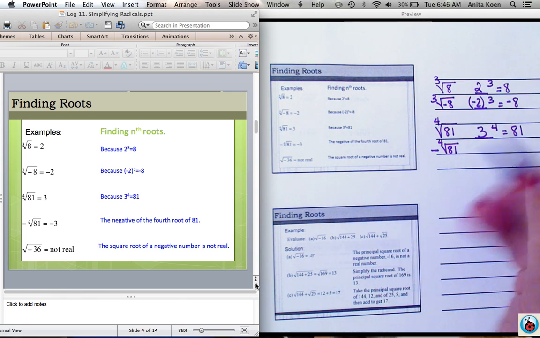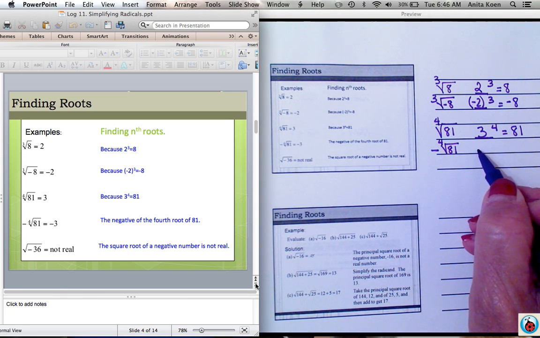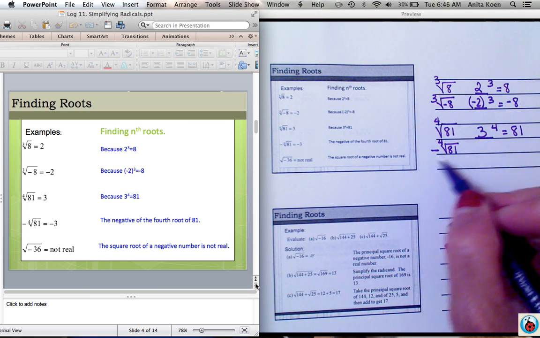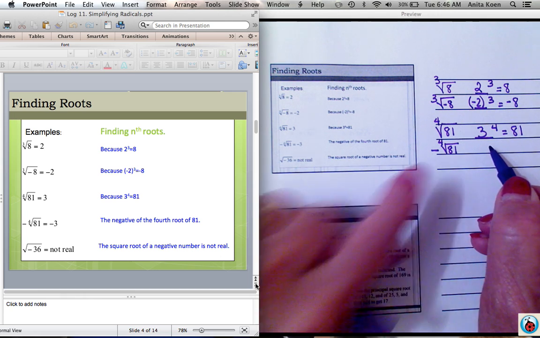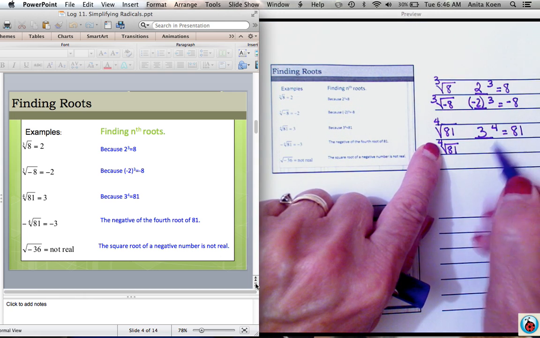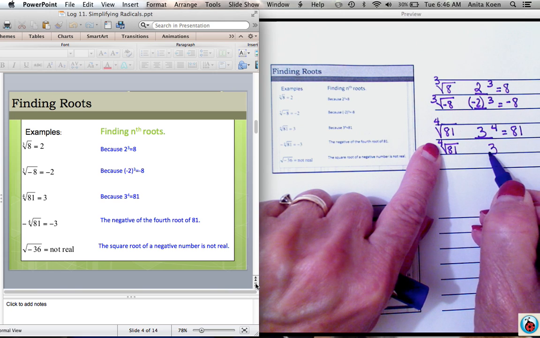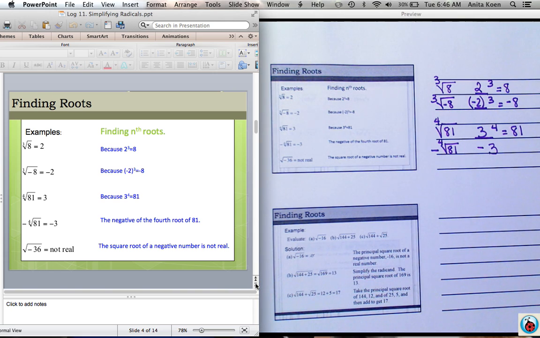That's how you read this symbol. Well, if the fourth root of 81 is 3, then the opposite of 3 is negative 3. So the opposite of the fourth root of 81 is negative 3.